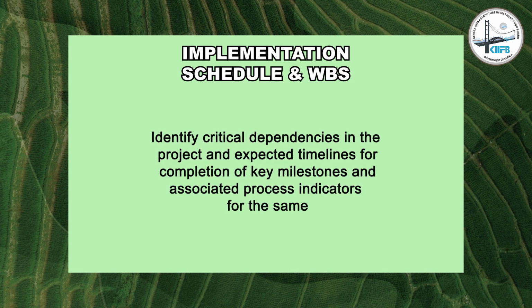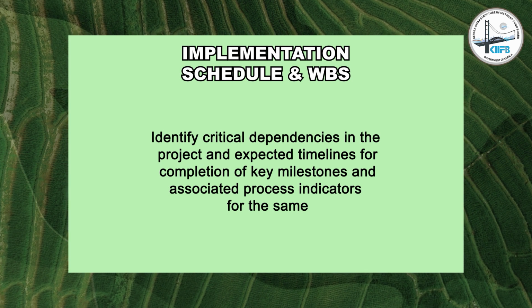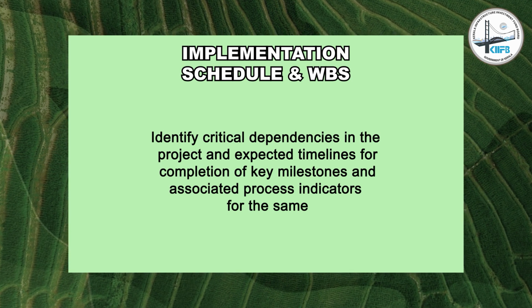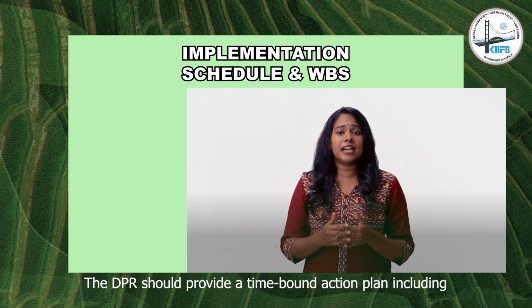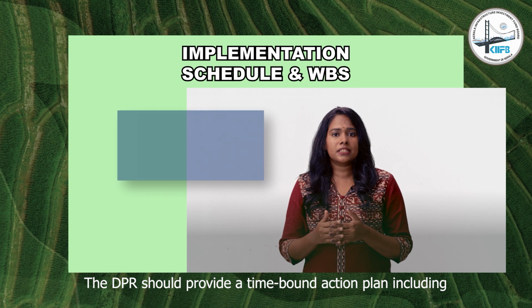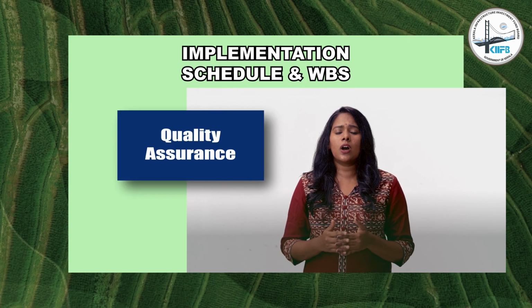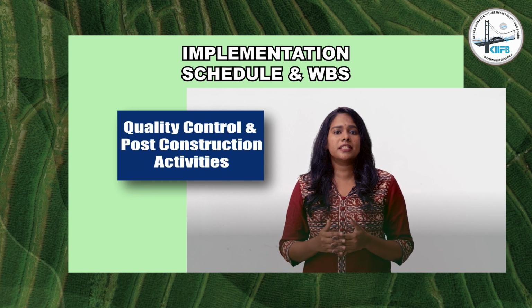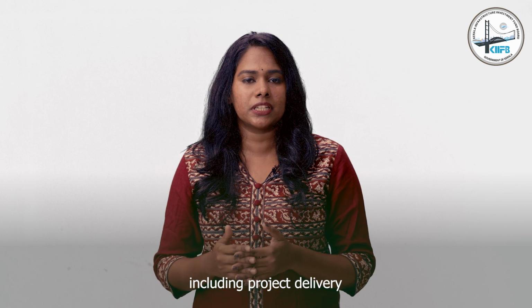Identify critical dependencies in the project and expected timelines for completion of key milestones and associated process indicators for the same. The DPR should provide a time-bound action plan including tendering, appointment of contractors, construction schedule, quality assurance and quality control and post-construction activities including project delivery.